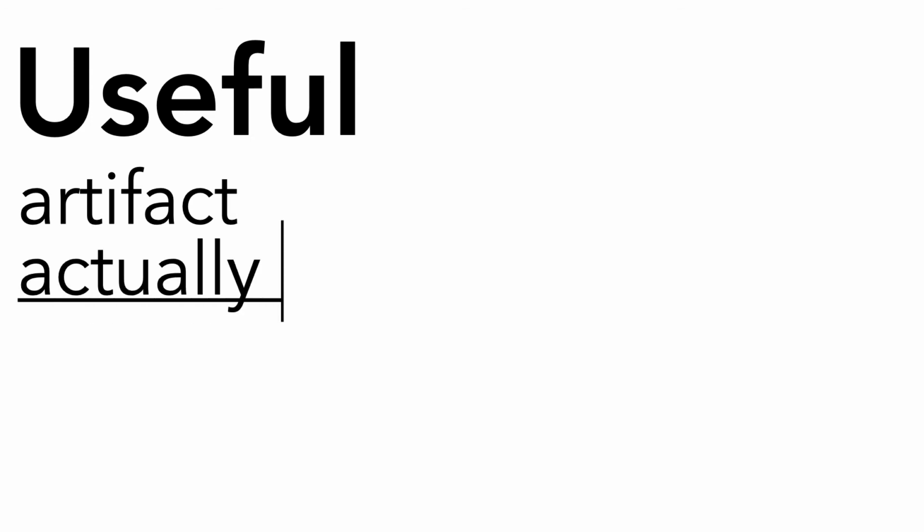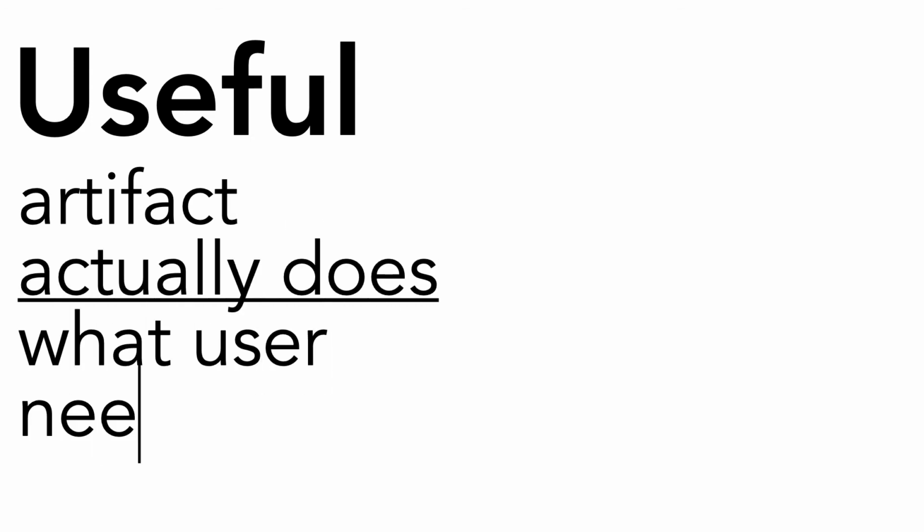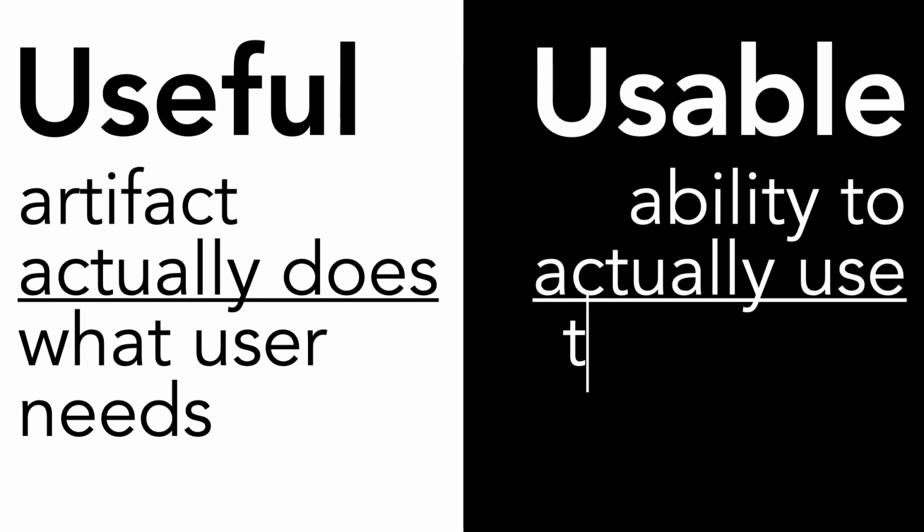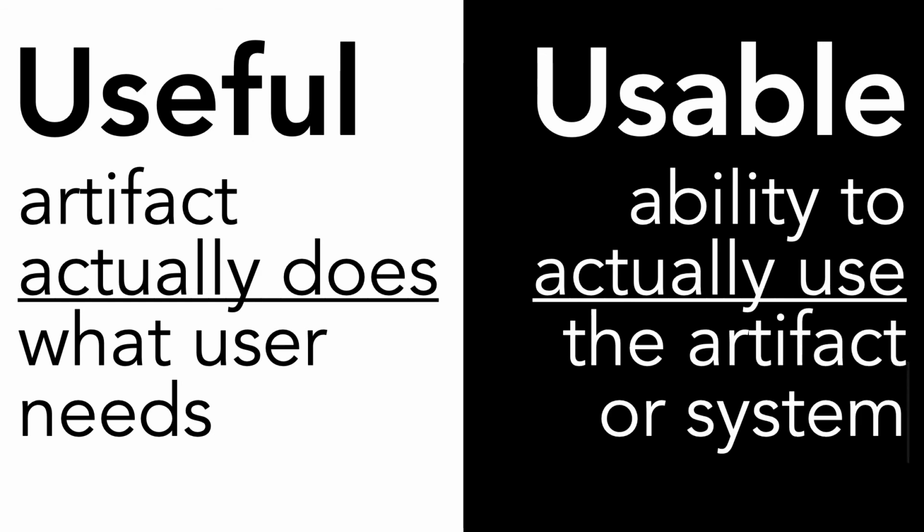So when we say that an object or an artifact is useful, that means it actually does what someone needs it to do. And when we say that an object or an artifact is usable, or that a user interface exhibits usability, this means that we can actually use that interface in a way that allows us to gain the benefits of its usefulness.